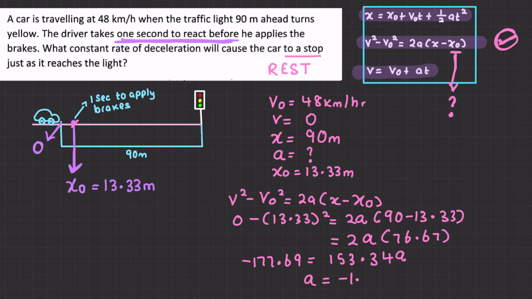Therefore, a is going to be minus 1.16 meters per second squared.